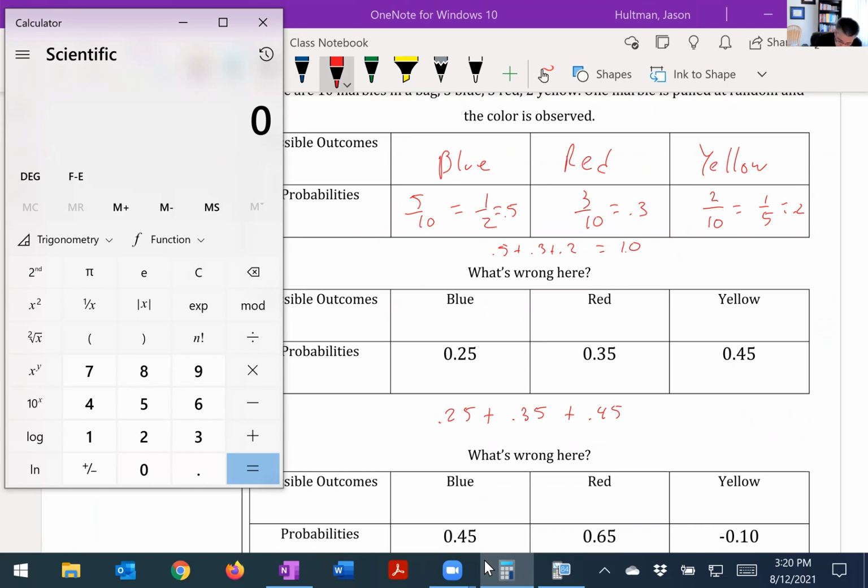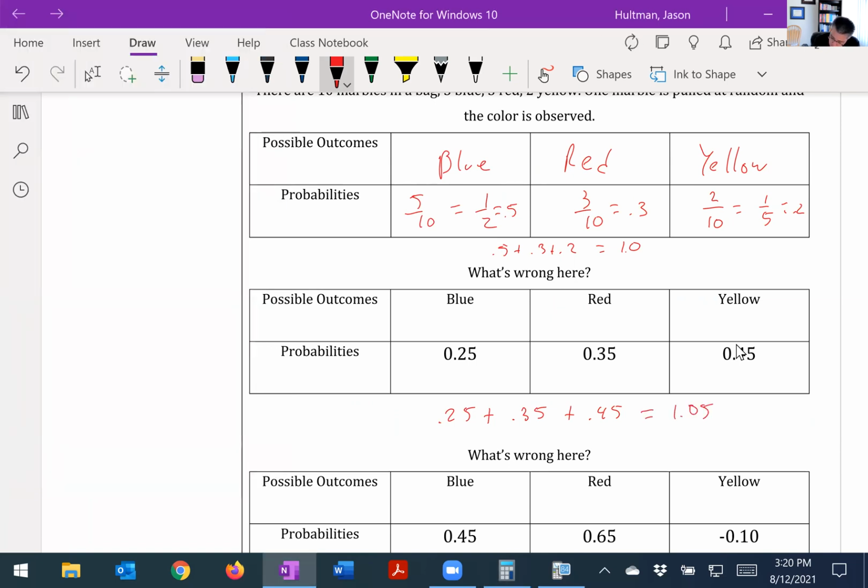We can see that we get 1.05, which is not 1. So this does not equal 1, and so that's what's wrong here. Probabilities must sum to 1. It does not sum to 1.